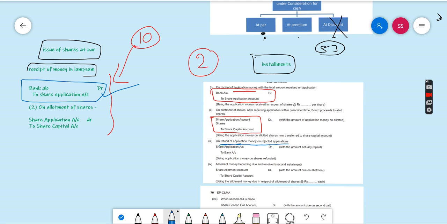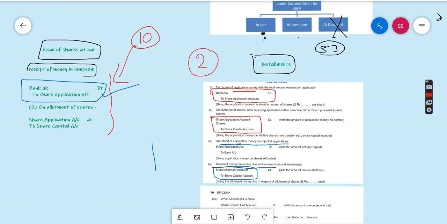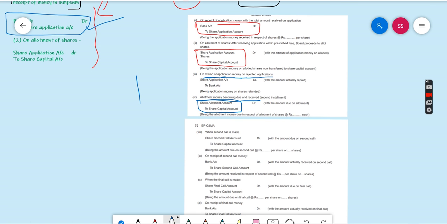Then next entry, allotment money becoming due and received. Second installment, so allotment money. First you need to pass a due entry. So you will pass the share allotment account debit to share capital account, right?